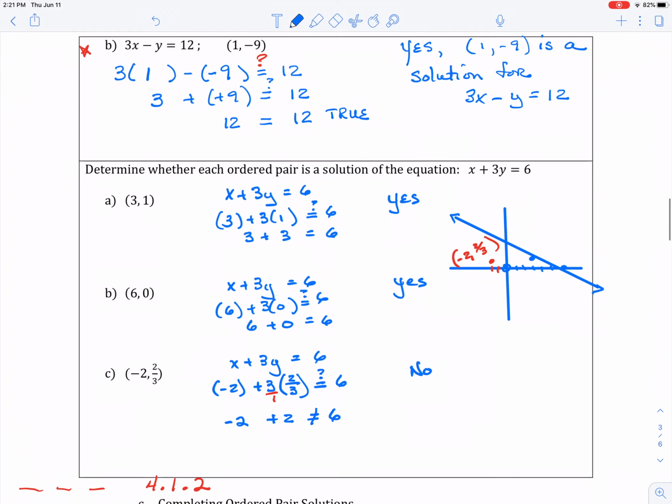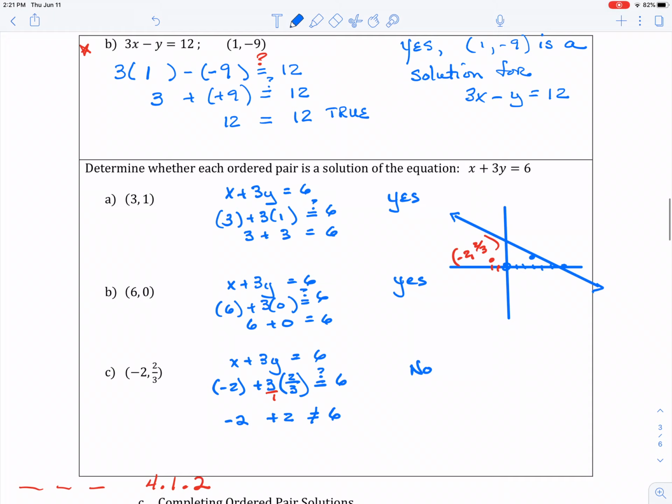And I just left these others worked down here. I thought you might want to take a look at those. Maybe you could freeze the screen and look at those. All I did was take the equation that was given to me here, x plus 3y equals 6, and they gave me 3 points to test out. I tested all 3 points.